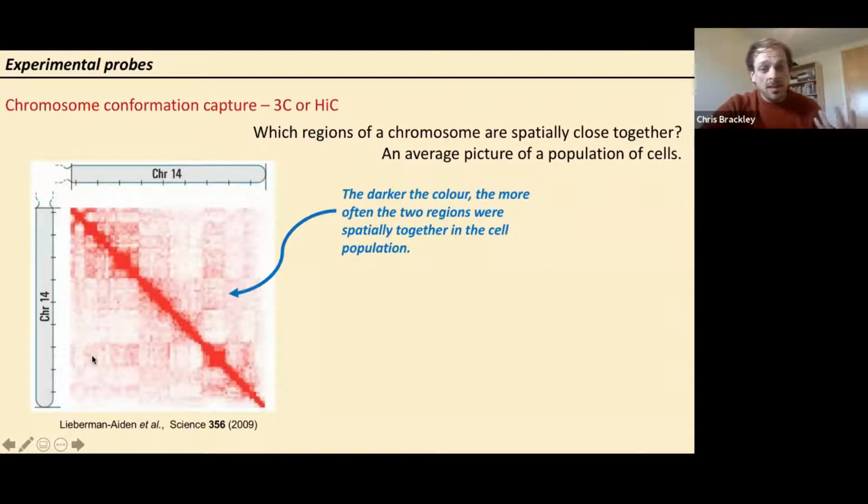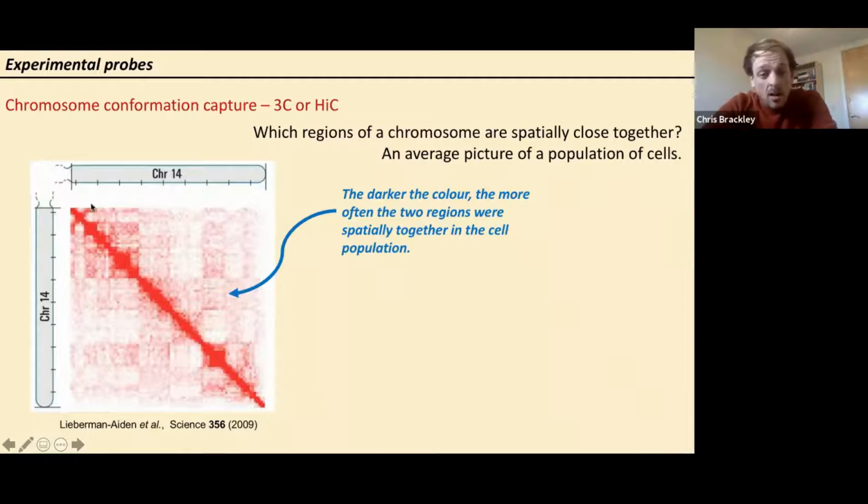You can think of this as a contact map. I'm plotting the position along the chromosome on both axes, and then the color at each point tells you how often two points on the chromosome were found spatially close together or interacting within this population of cells. So the color at this point tells you how often this point on the chromosome was interacting with this point on the chromosome.